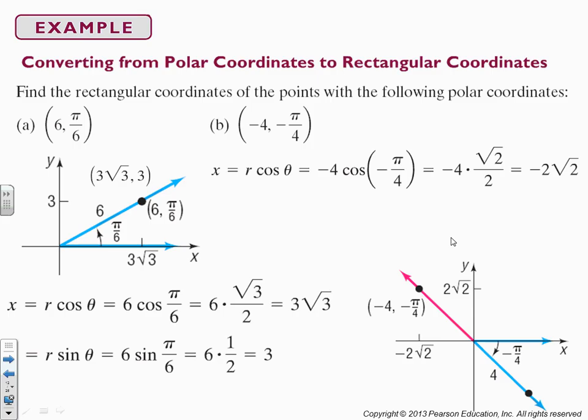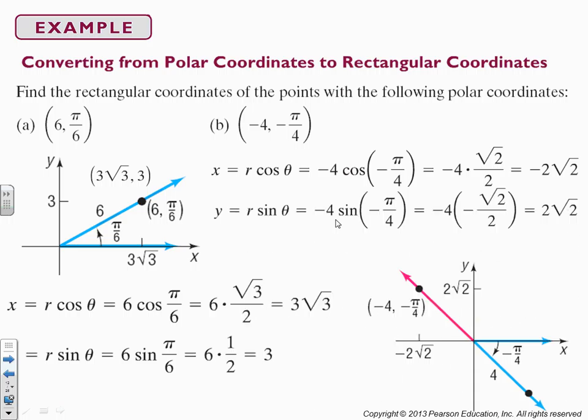If -pi over 4 puts us in quadrant 4, the x values, or the cosine values, are positive in quadrant 4. So the cosine of -pi over 4 is positive root 2 over 2. We multiply that by -4 and we get -2 root 2.